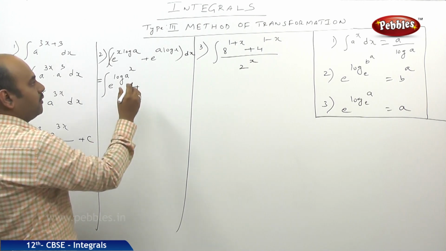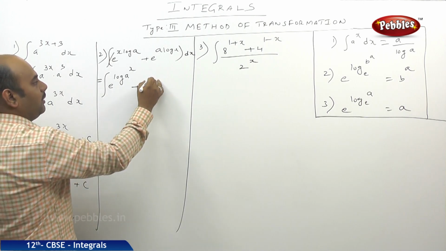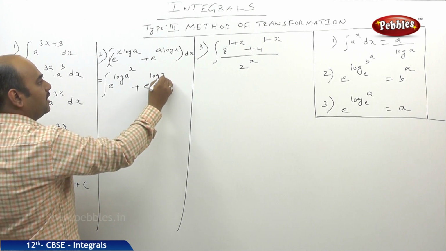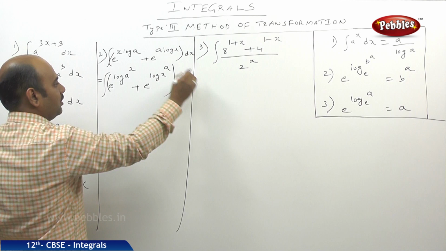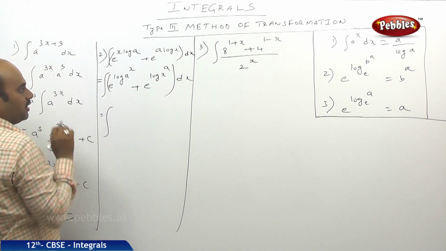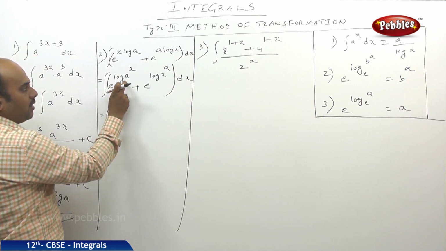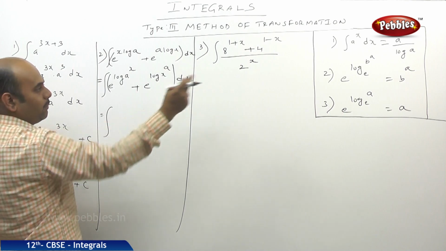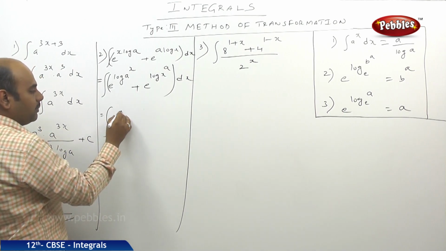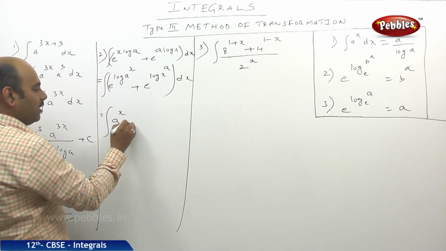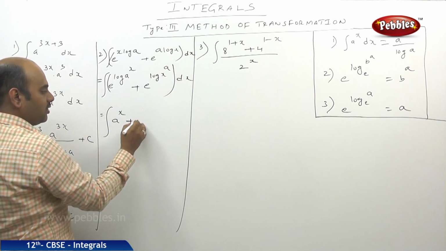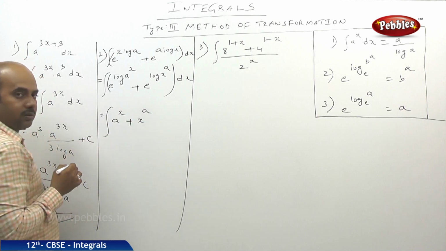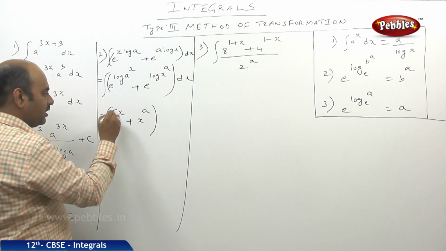And here also, if you could observe carefully, e power log x to the power a, and finally I'll be giving a bracket. So finally what happens? Integral of e power log a power x means by property 2, this is becoming a power x, plus integral of e power log x to the base a, this is becoming x power a, and finally it gives rise to dx.